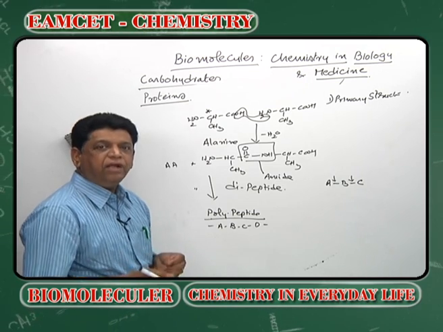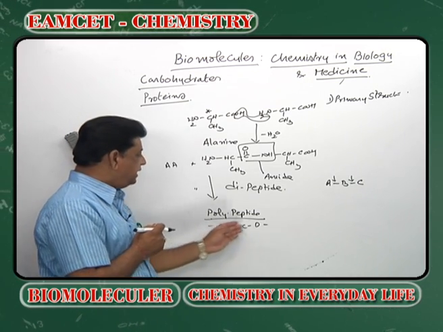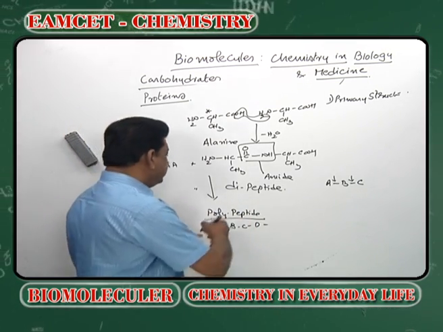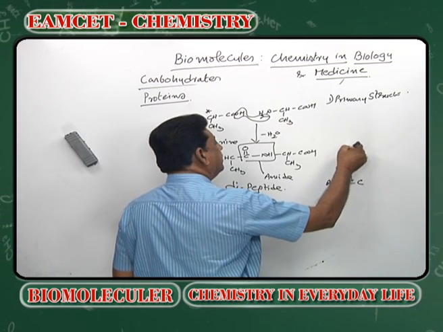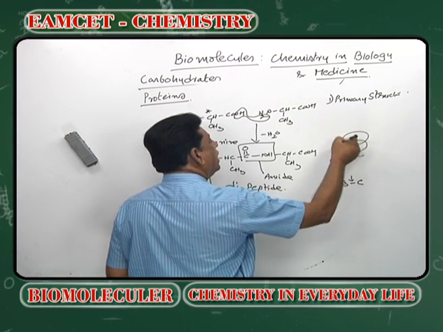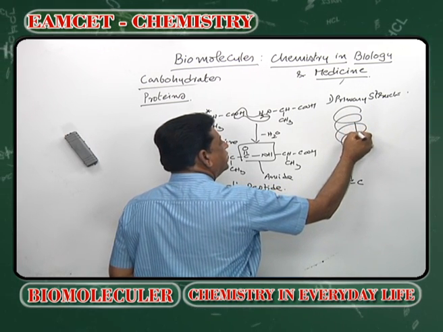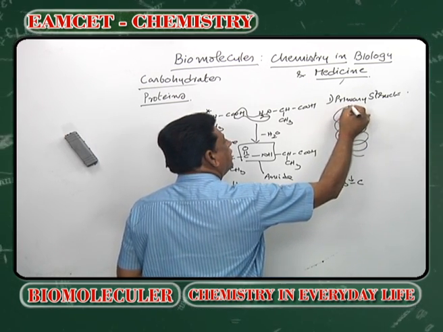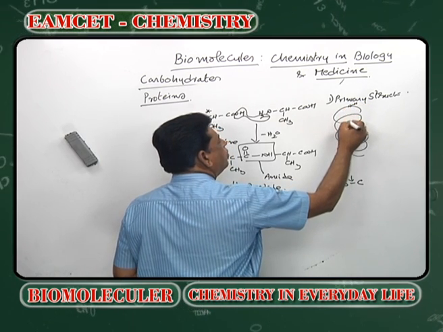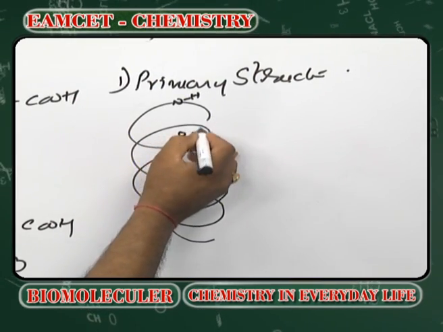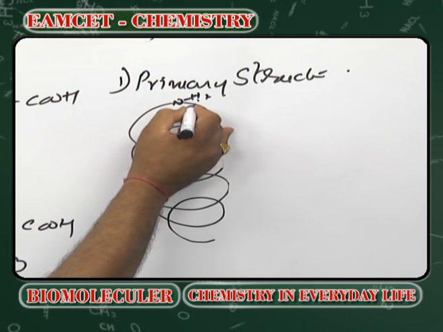A protein will come not just by the attachment of A, B, C, D, but the chain may coil up like this. Then between this chain and here, there may be some hydrogen bondings, like NH and CO, isn't it? The CO minus and H plus will have a hydrogen bonding.